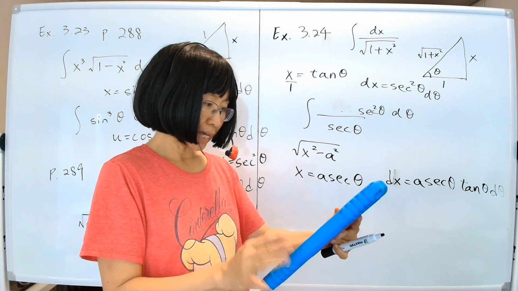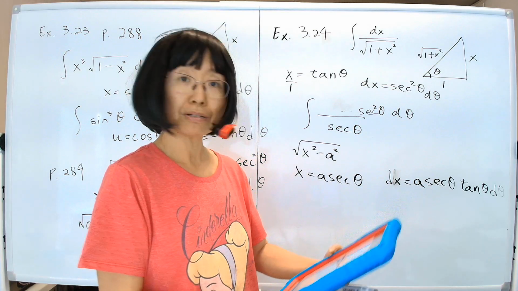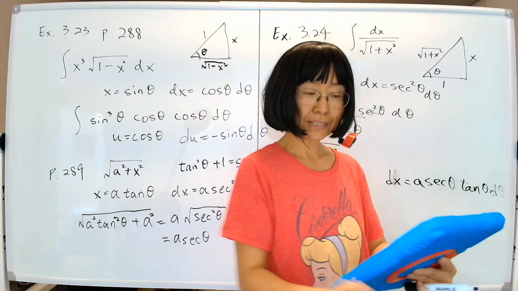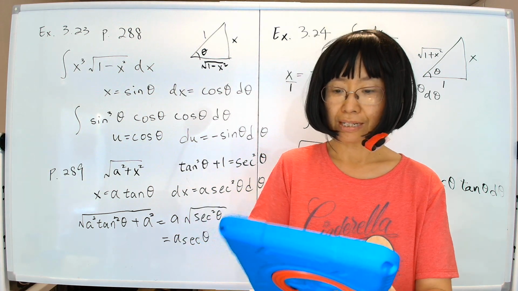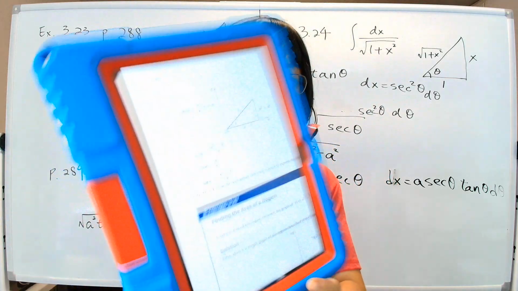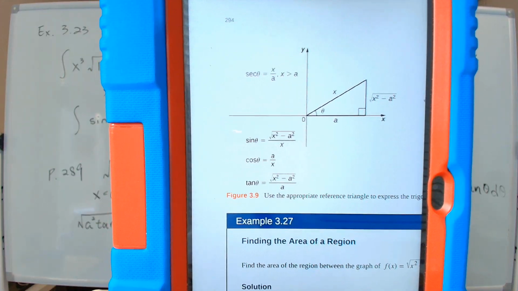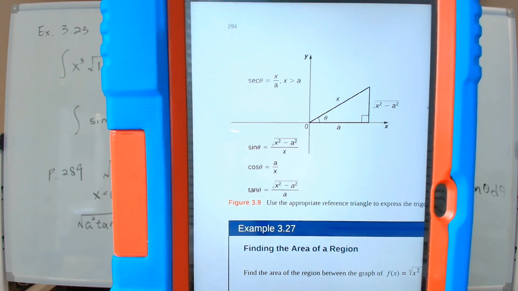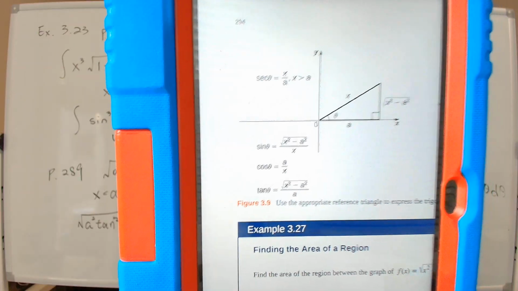To see that, please do example 3.27 as your homework, specifically on page 294. The triangles you draw in this case are for when things are positive. If secant is x over a, then that's your triangle, and all the other triangles fall out nicely from the Pythagorean theorem.